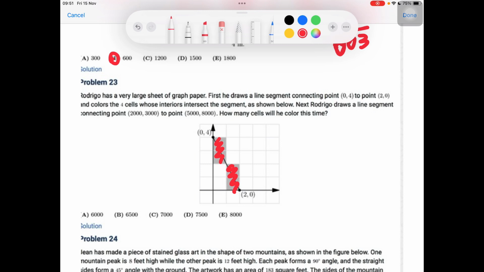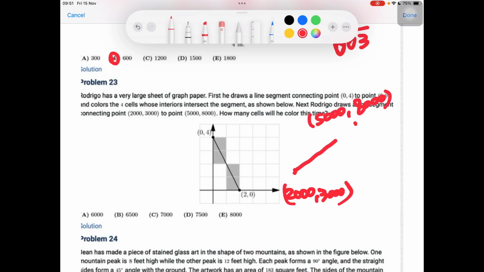So now we have from, let's say, from 2000 to 3000, to 5000 to 8000. So this one is 3000 and 5000, something like that.